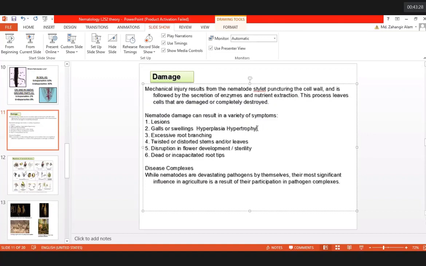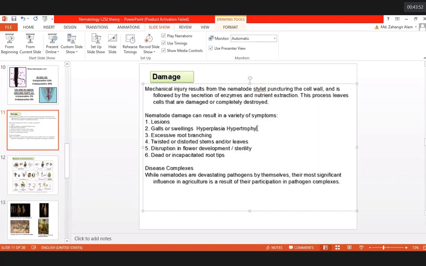So what happens if a tumor or gall or knot is formed in the root of the plant? What is the after effect? Any idea? So actually this gall or knot will be formed in the vascular vessel area.